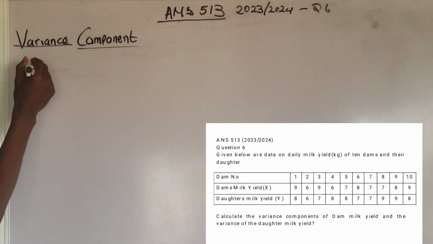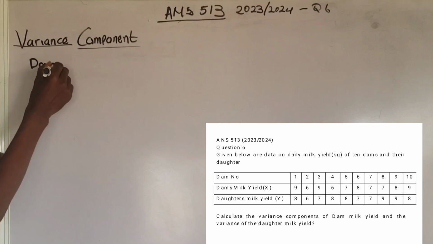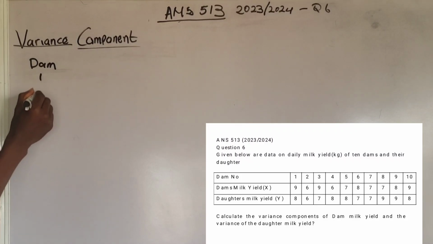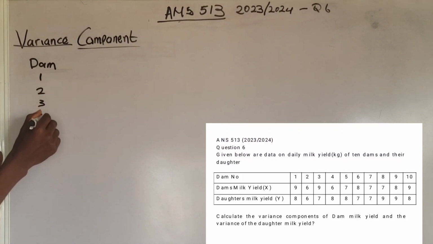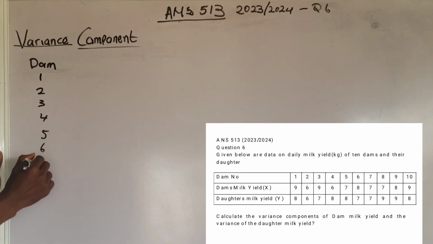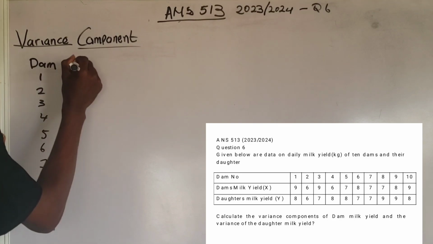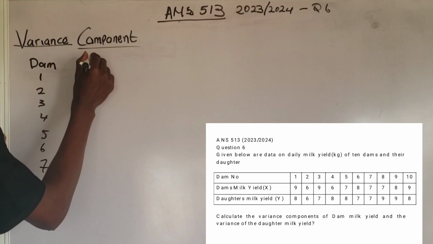We have the dam. Don't forget we have dam number. We have 10 in the table that is being shown here for us. So we have 1, 2, 3, 4, 5, 6, 7, 8, 9, 10. The next one is the milk yield.